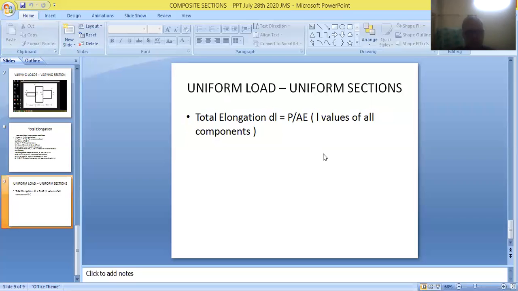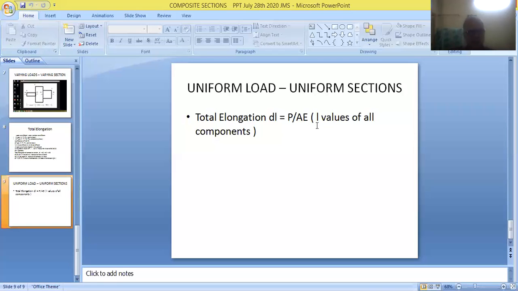If a compressive load is acting on the composite section, it is written as minus L1 minus L2 minus L3. So friends, always allocate a positive symbol for components acted upon by tensile forces, and a negative symbol for components acted upon by compressive forces.